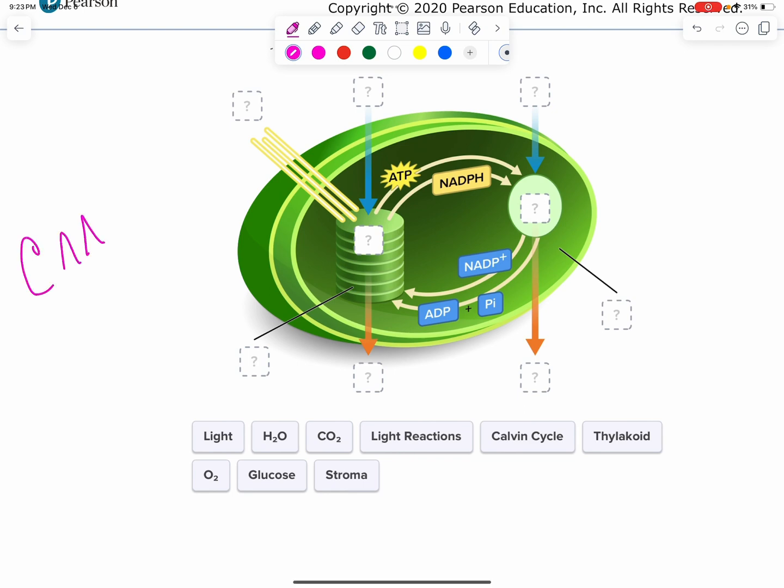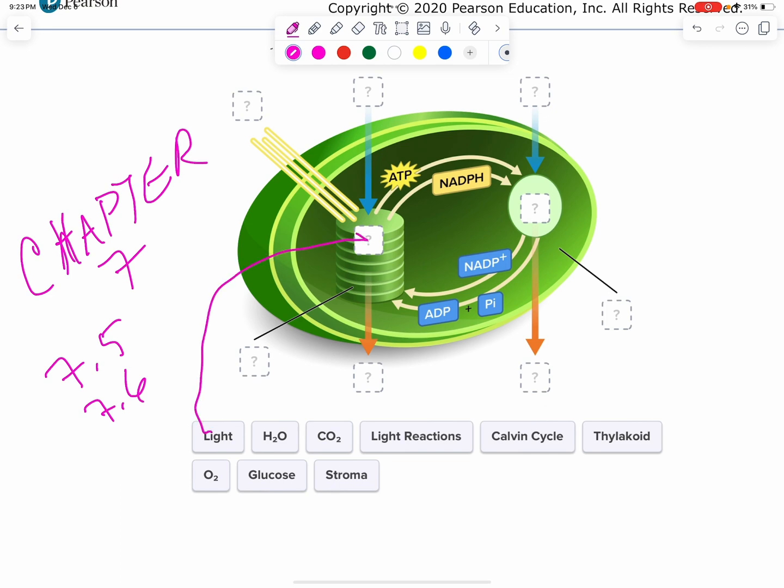So this is a diagram that is over in your textbook. This is chapter 7. And this happens to be the last page. I think it's 7.5, maybe 7.6. But you are going to drag these in the right spot. So this is the light-dependent reaction. Nope, that's not the right word.